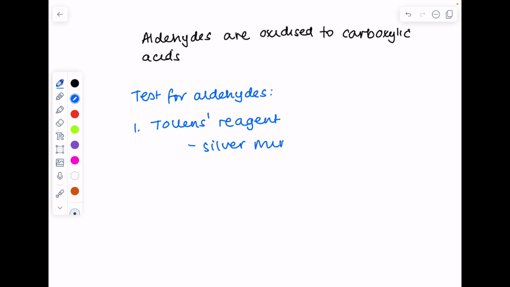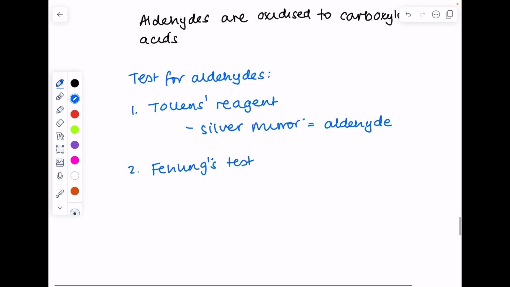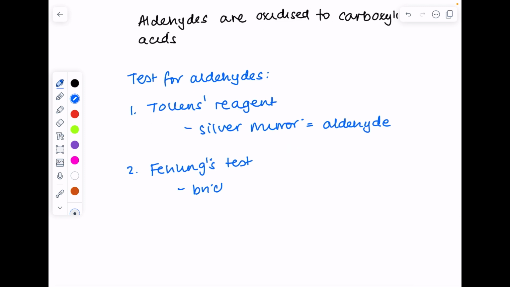No such reaction occurs with a ketone. And if you prefer, you can mention the Fehling's test, where you'll get a brick red precipitate in the presence of an aldehyde. Watch another video in order to actually see the chemistry behind this, because it is important, particularly with AS chemistry, that you know this. I just wanted to mention it here.